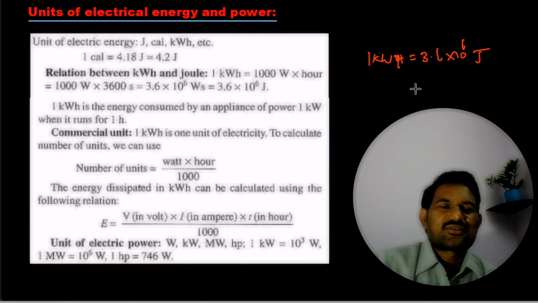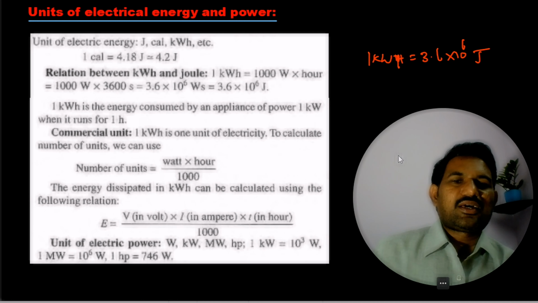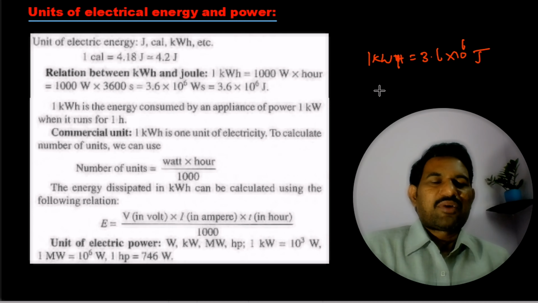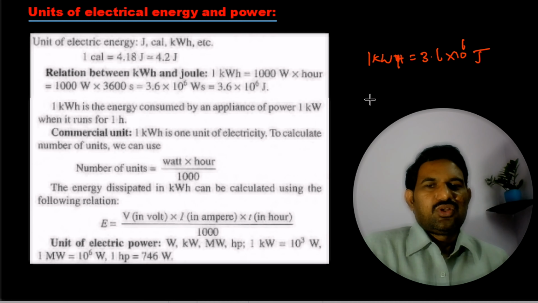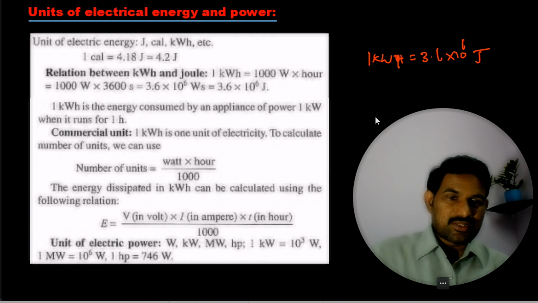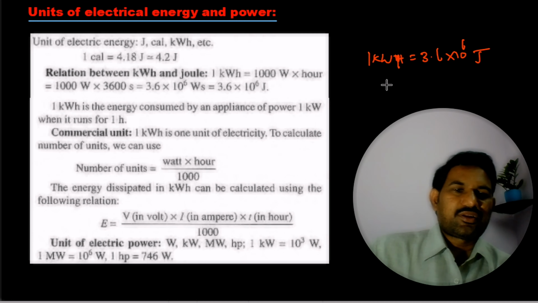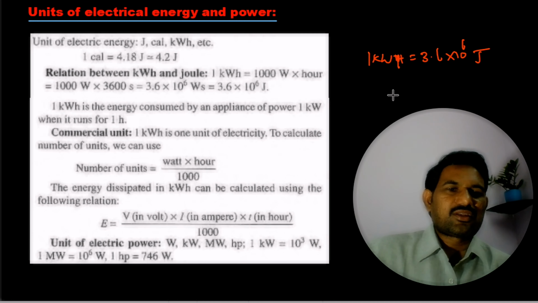And actually for our household consumption, the commercial unit of electrical energy is nothing but the kilowatt hour. You know, when you are seeing the monthly bill, you will get how many units of electrical energy are consumed, like 200 units or 250 units or 500 units or 1000 units.